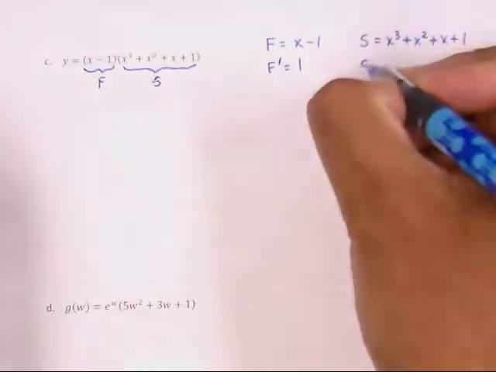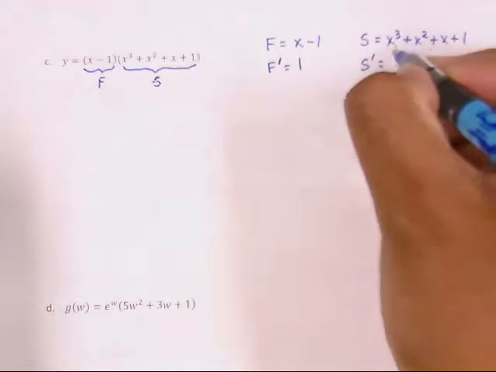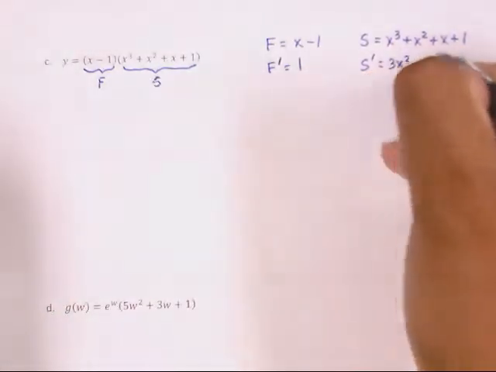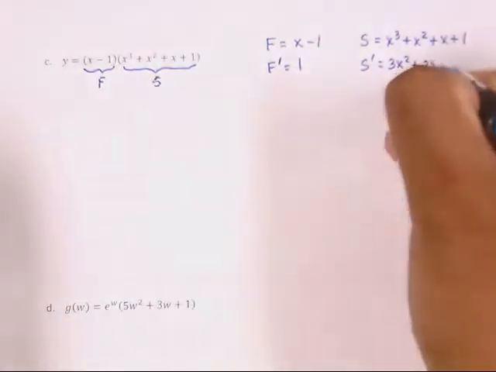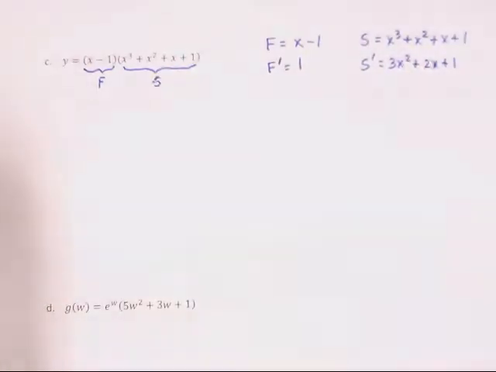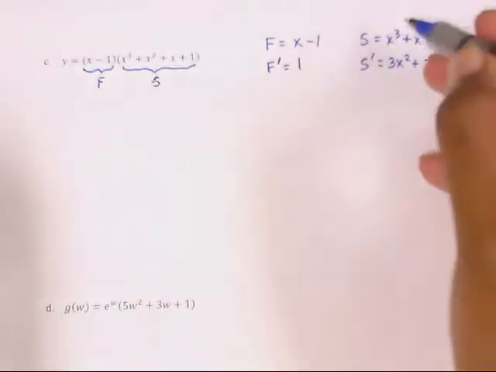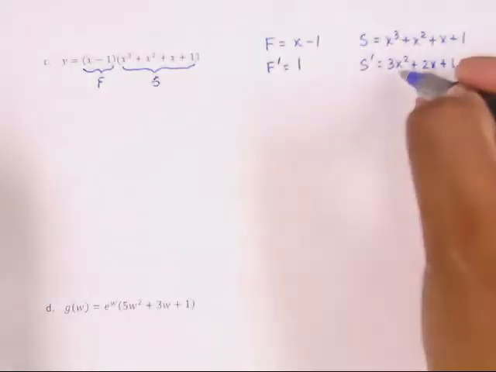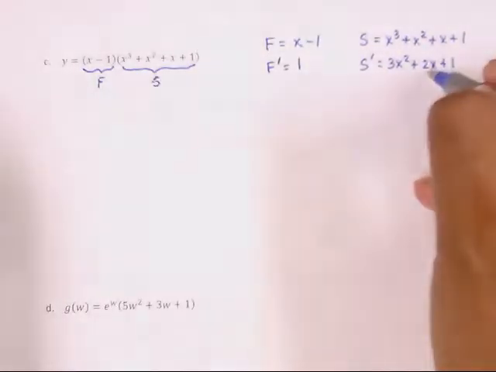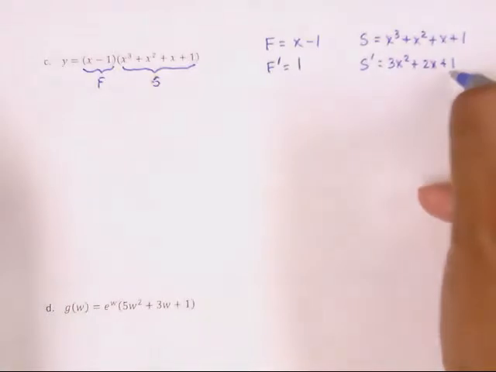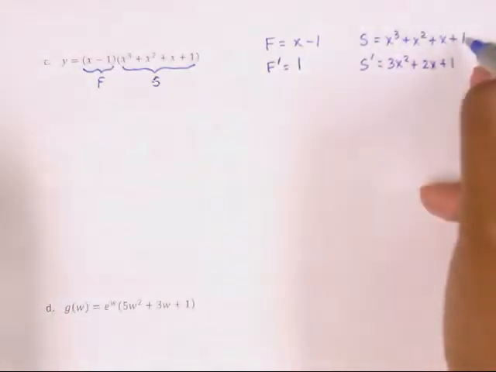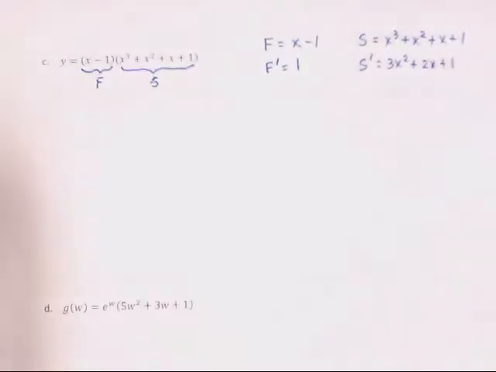So the derivative of that, which I'm going to call s prime, would be 3x squared plus 2x plus 1. Derivative of x cubed is 3x squared. The derivative of x squared will be 2x. The derivative of x will be 1. And the derivative of 1 will be 0.